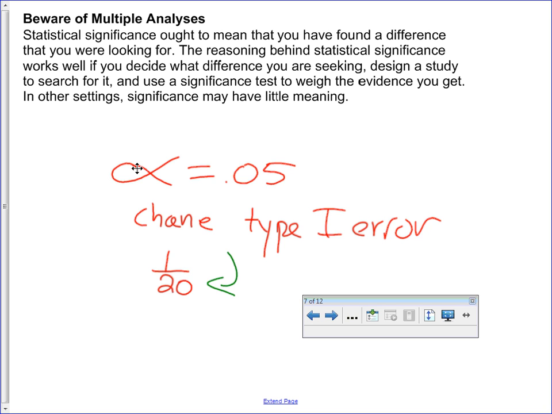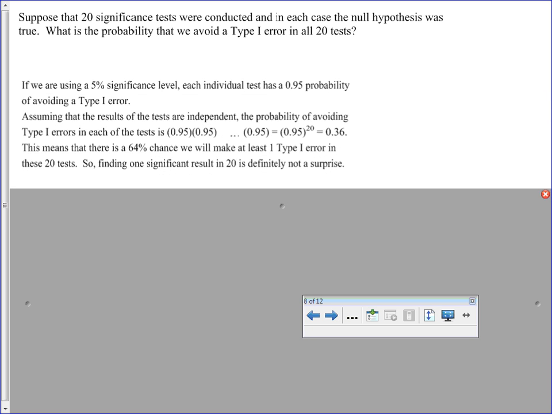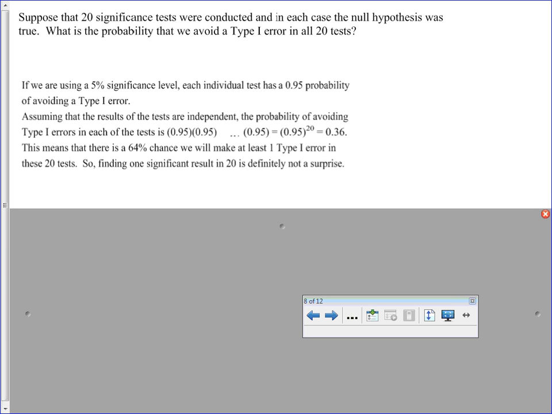Let me show you what we're talking about. Suppose that there were 20 significance tests that were conducted. In each case, the null hypothesis was true. What is the probability we avoid a type 1 error in all 20 tests? Well, let's think about that. The chance of having a type 1 error is 0.05. So the chance of not having a type 1 error is 0.95.